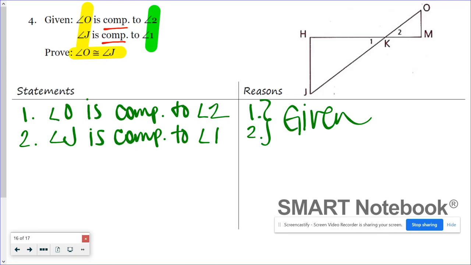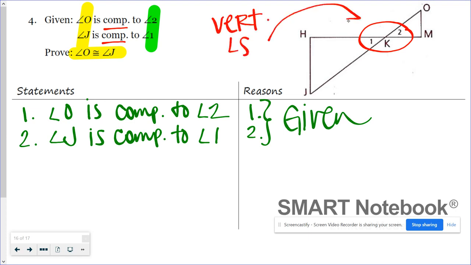Yeah, they are congruent. You're right, they are vertical angles. So here we see in our diagram that angles 1 and 2 are indeed vertical angles. Now, I do not need to go through that whole big process from the previous proof. No, because I proved that theorem so I can use it once again easily in proofs. So remember, when we want to use vertical angles, we first have to say that they're vertical angles.